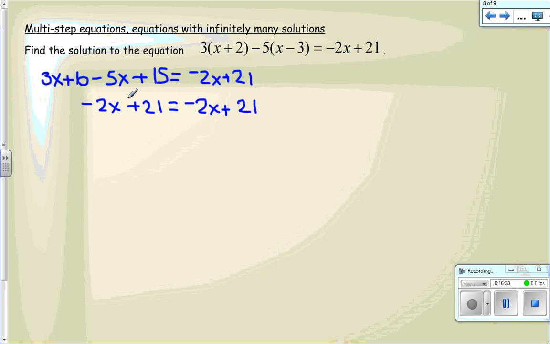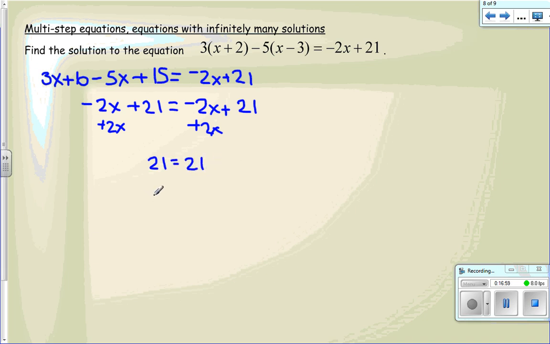So in other words, any value I plug in for x is going to make this a true statement because they are identical to each other. They are equal statements. So again, we could stop here and say there are infinite solutions, or every x will work. Or if you went ahead and kept trying to solve this, let's say you added 2x to both sides, you would end up with 21 equals 21, which is always a true statement.